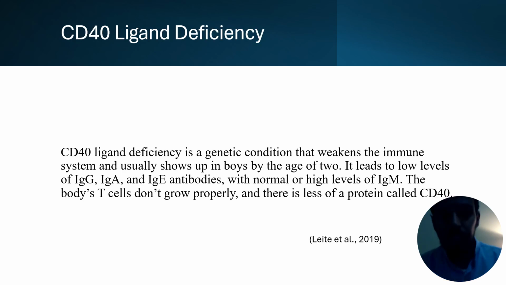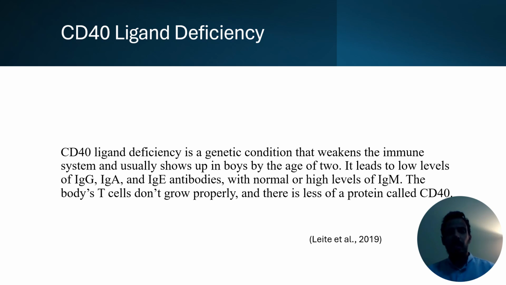In this presentation, I'm going to focus on CD40 ligand deficiency. CD40 ligand deficiency is a genetic condition that severely weakens the immune system, most commonly showing in boys by the age of 2. This condition results in low levels of IgG, IgE, and IgA, while IgM remains normal or high.